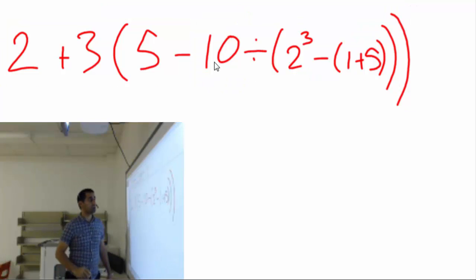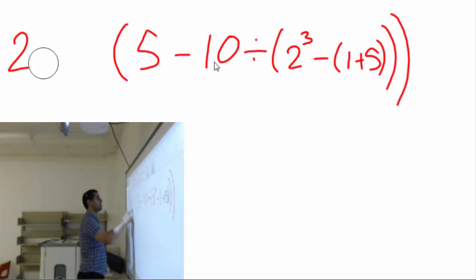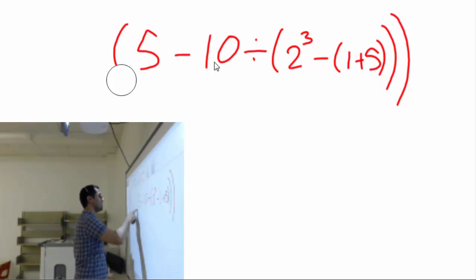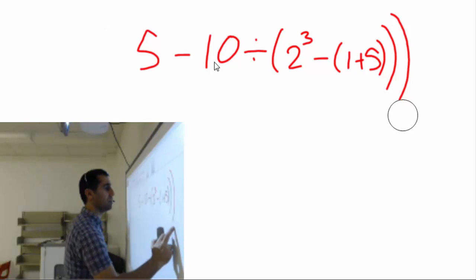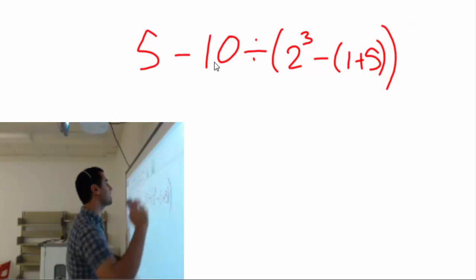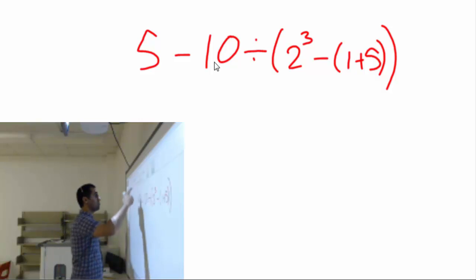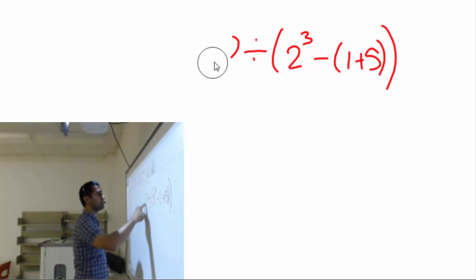I need to do the brackets first. So I'm going to forget about this. I'm just going to focus on the brackets. So let me take out the one bracket from both sides. I need to do this first. But hey, there is another bracket here. So I'm going to get rid of those.